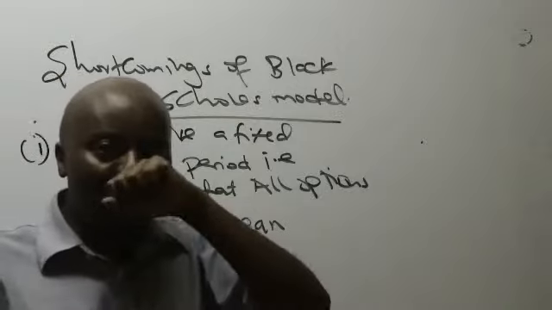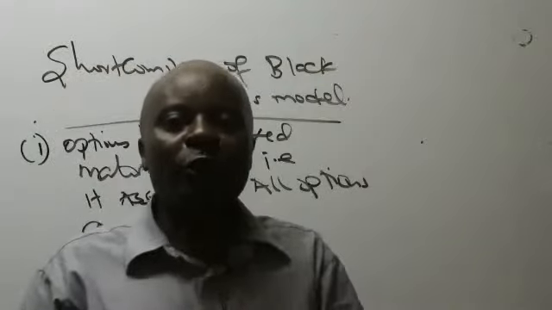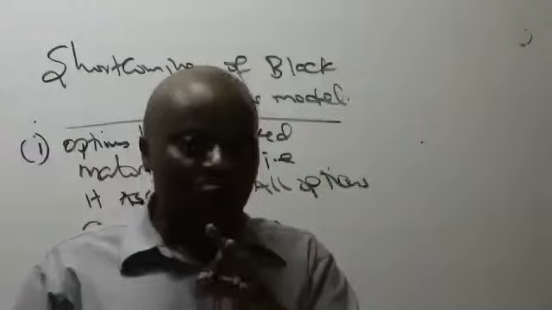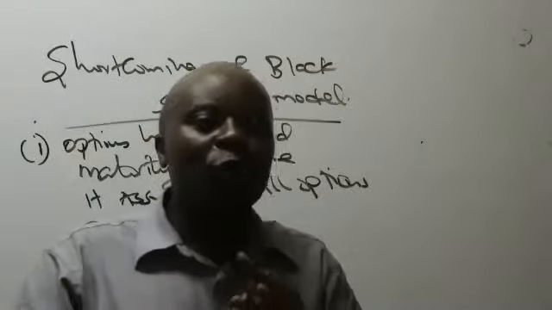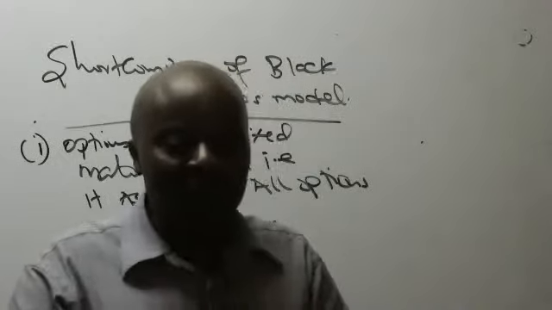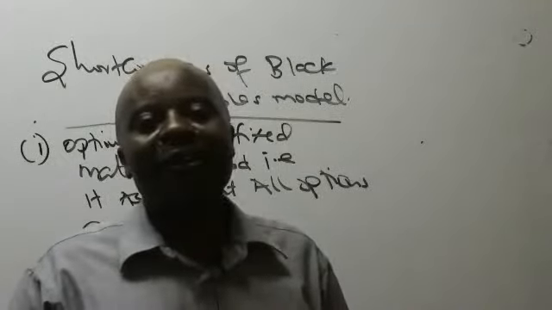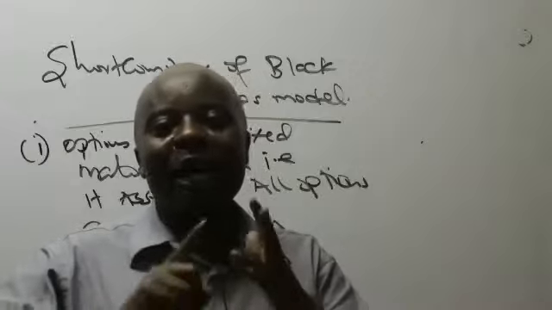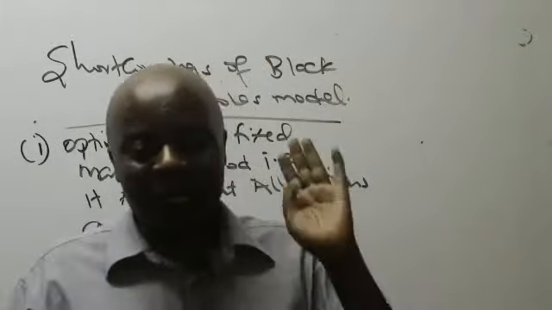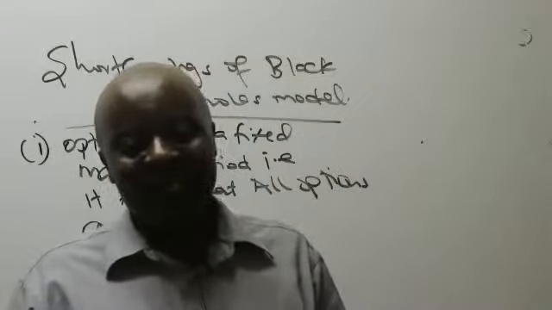Remember, in terms of maturity period, we have three types of options: European options, American options, and Bermudan options. Do you remember? Jesse has said yes.